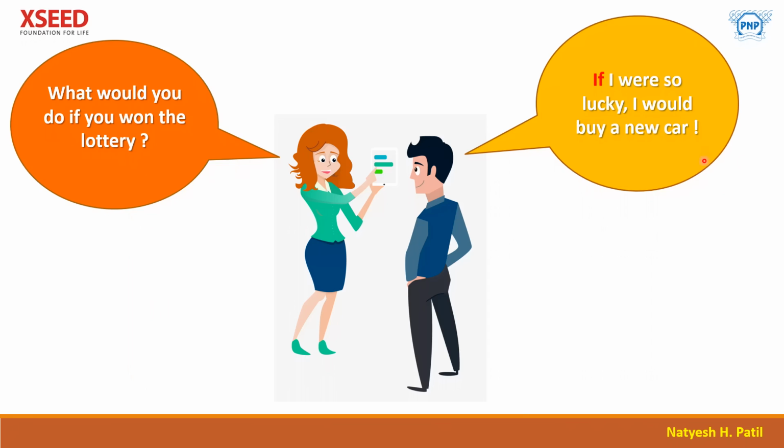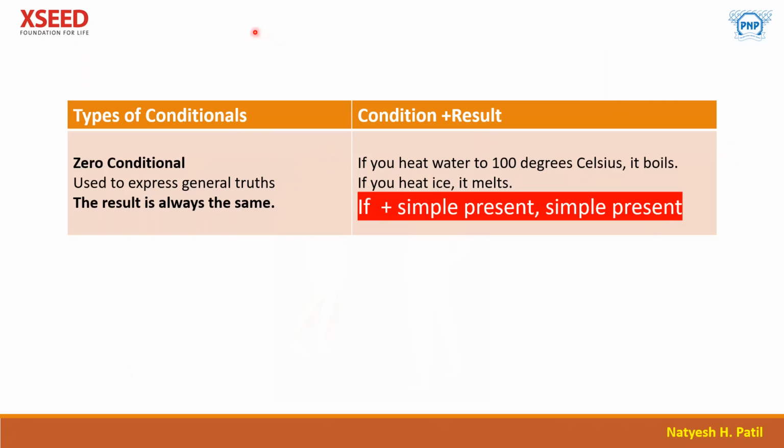Correct? So let's check the rules one by one to use these types of conditionals. First rule is very simple. Types of conditionals. Zero conditional is used to express general truths, like facts that everybody knows.